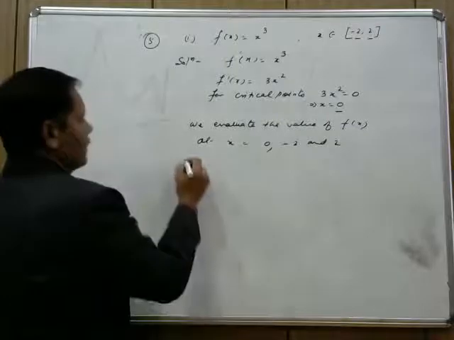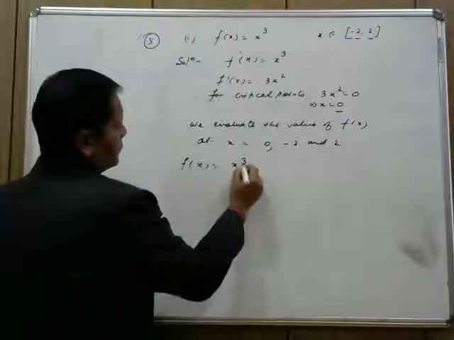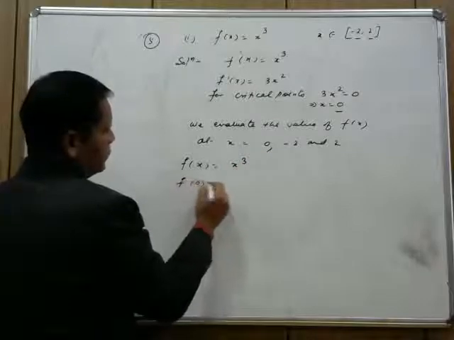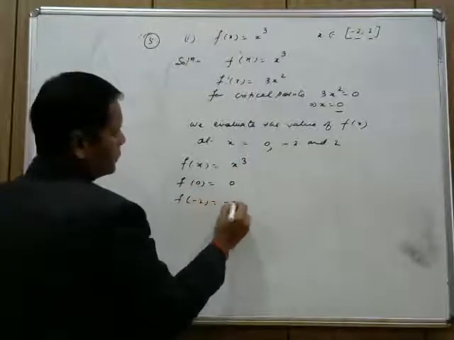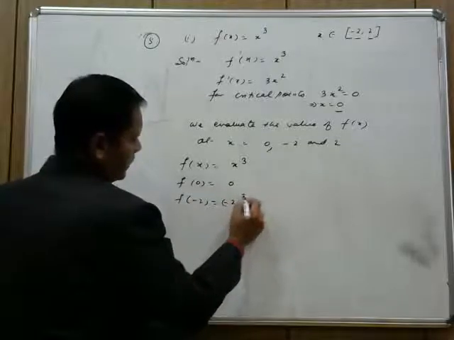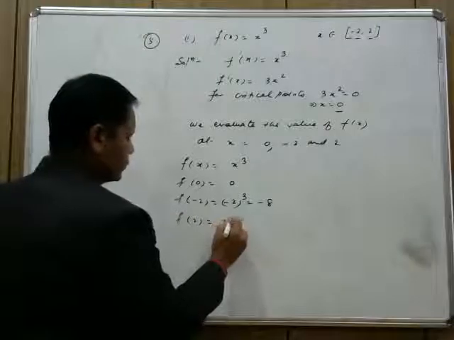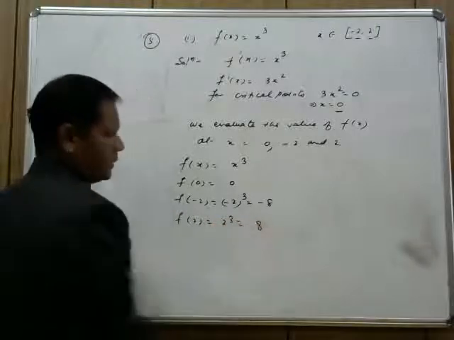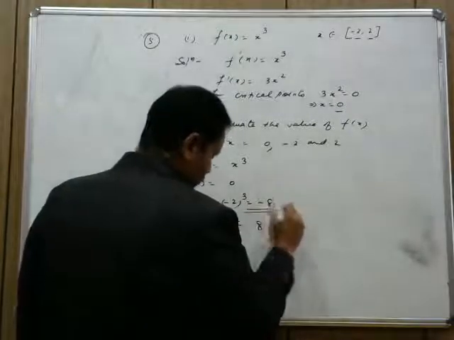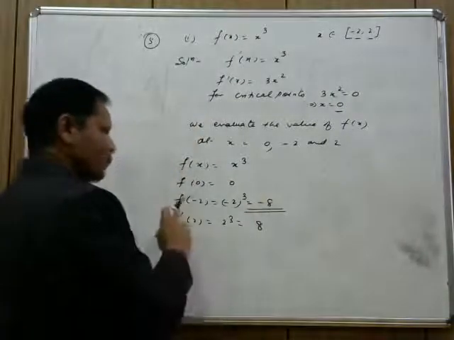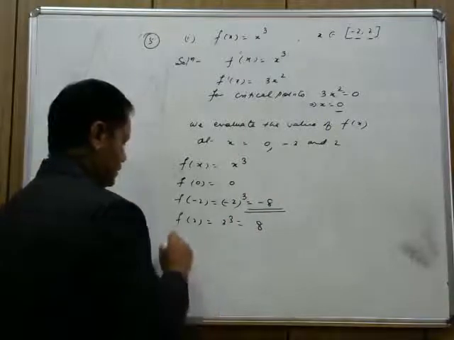Now f of x is equal to x cube, therefore f of 0 is equal to 0, f of minus 2 is equal to minus 2 to the power 3, which is minus 8, and f of 2 is equal to 2 cube, which is 8. That is, the absolute minimum value is minus 8 and the absolute maximum value is 8.